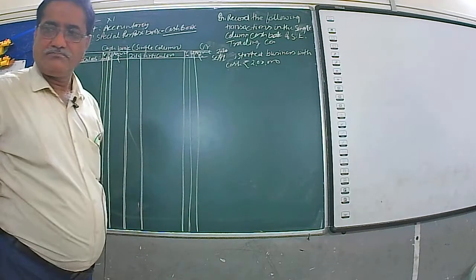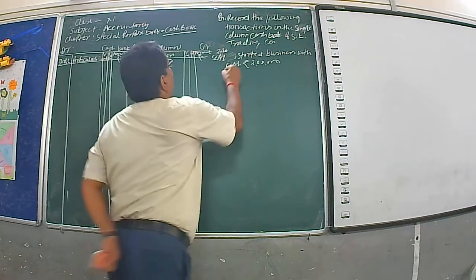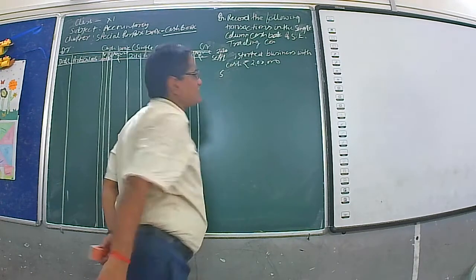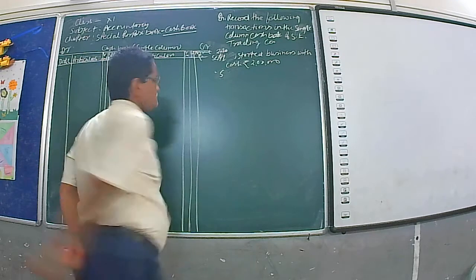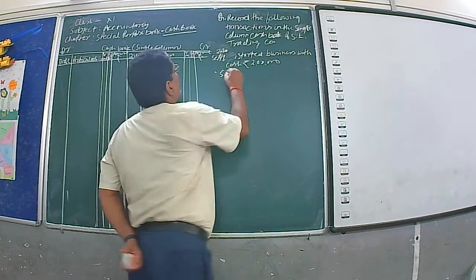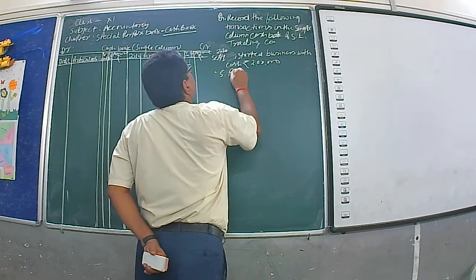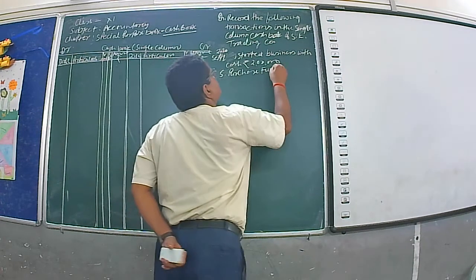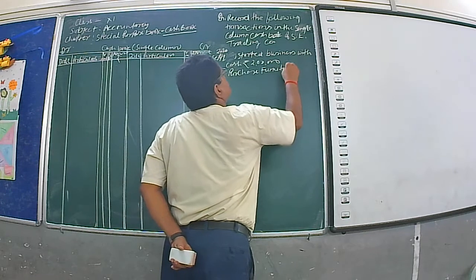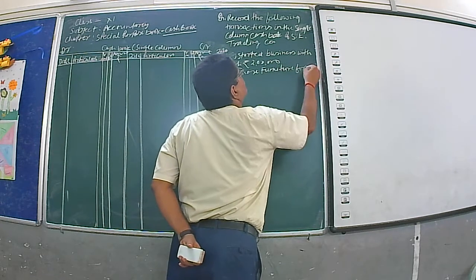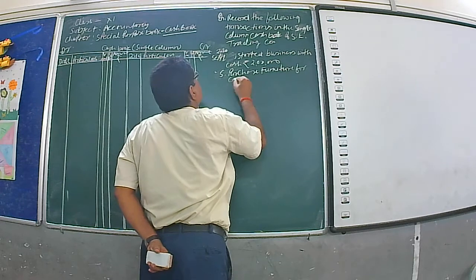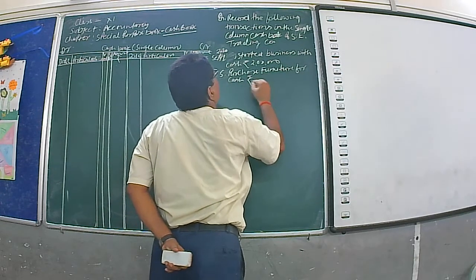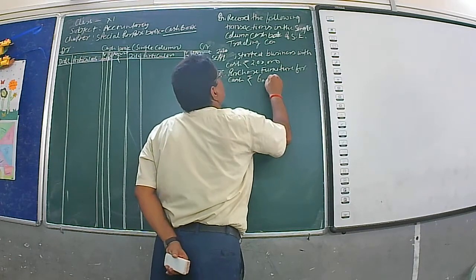Second transaction, 5th September, purchased furniture for cash rupees 60,000.